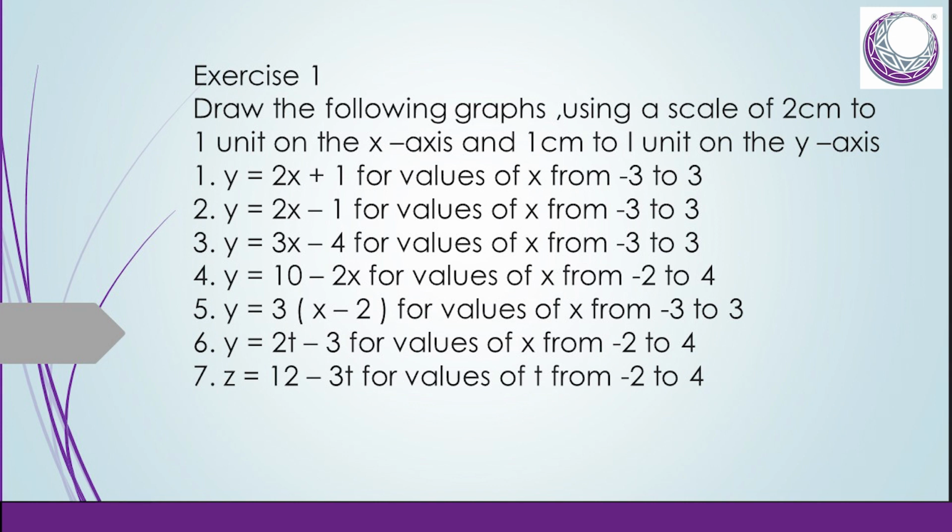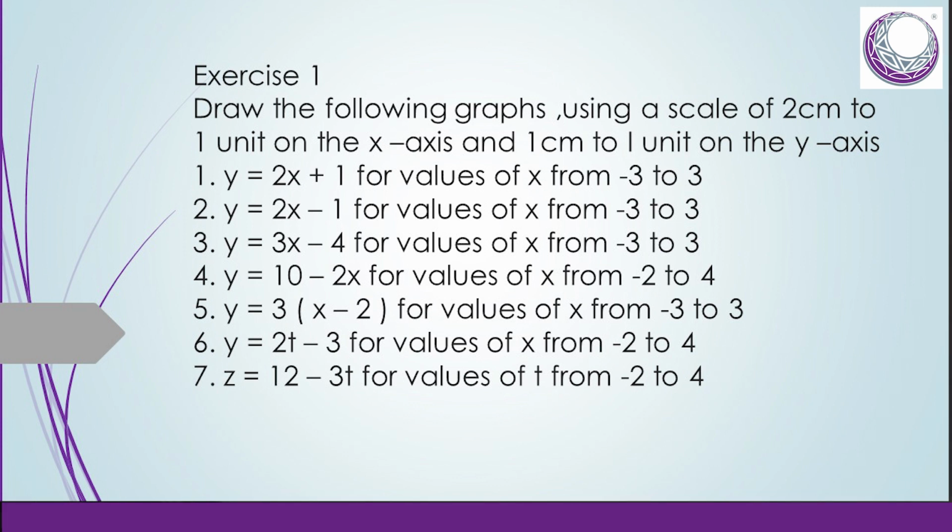So for us to be able to draw these particular lines, you can actually choose any variable. It can be x, it can be y, it can be z, it can be t. And we should be able to come up with a table of values, and out of that table of values, we can find the corresponding values of y.